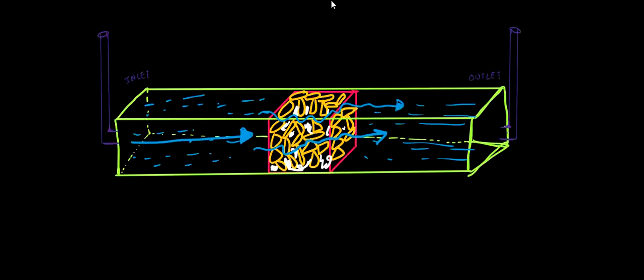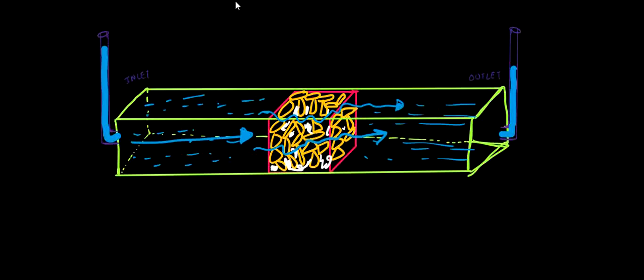Suppose at the very first piezometer water rises up till this level, okay, and at the second piezometer water will rise up to a somewhat lower level because of the obstruction, which is our soil sample that is present.